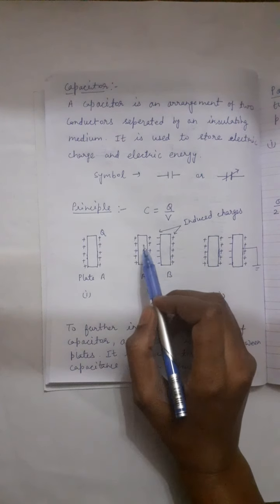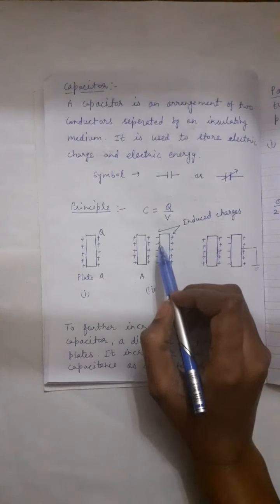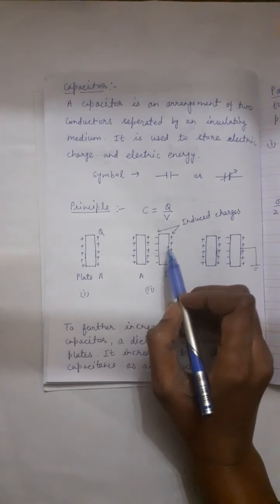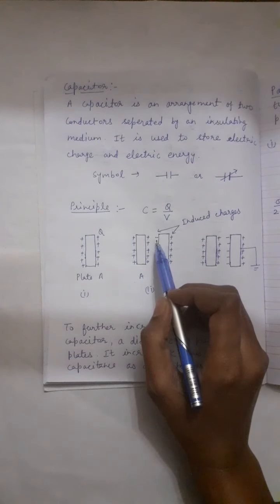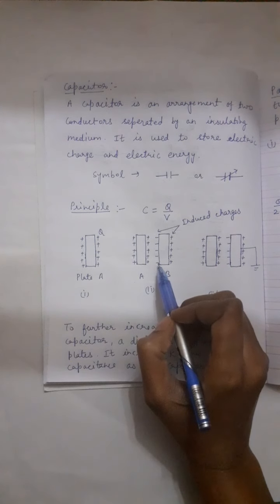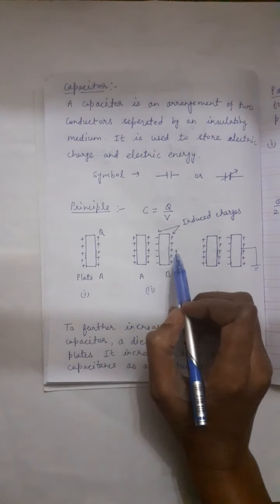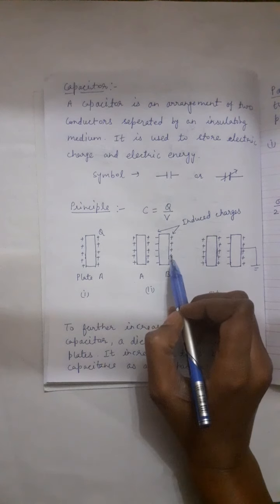Due to these positive charges, induced charges will be produced in this conducting plate. So this surface of the plate will become negatively charged and the other surface will become positively charged.